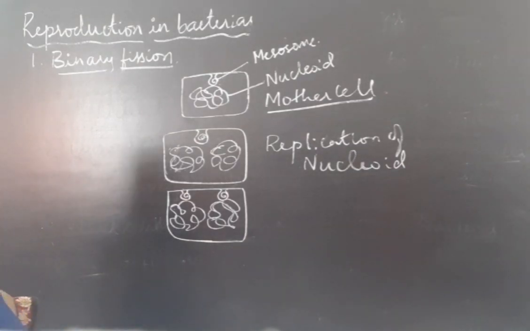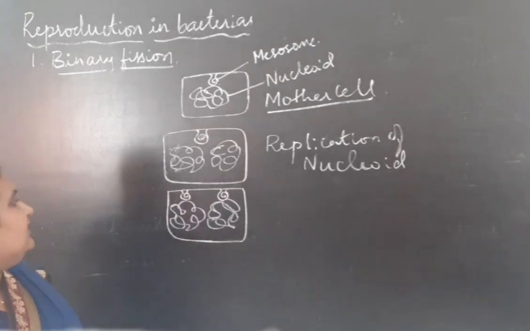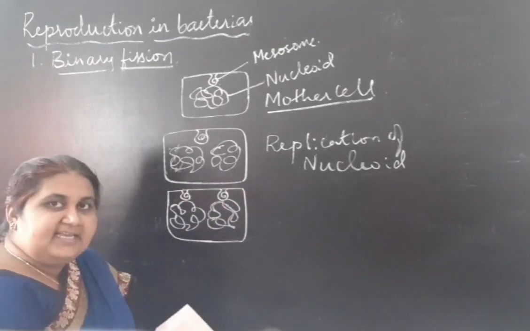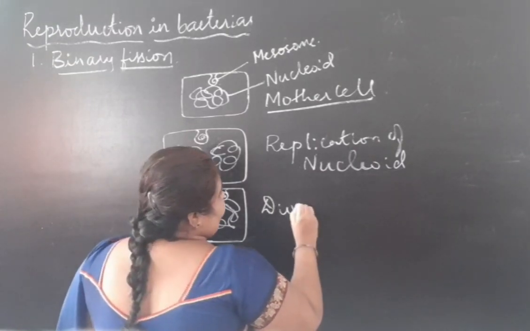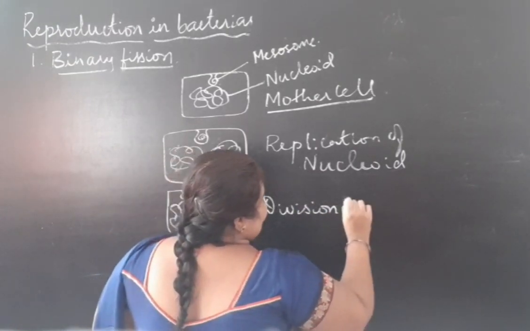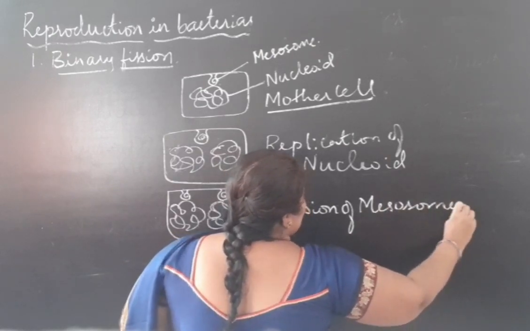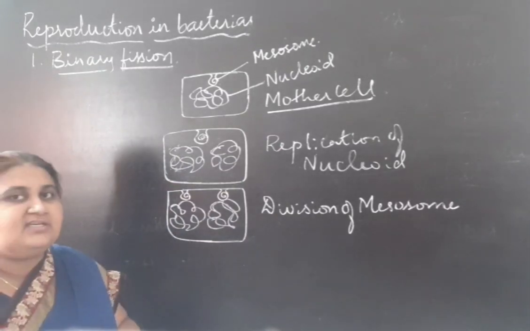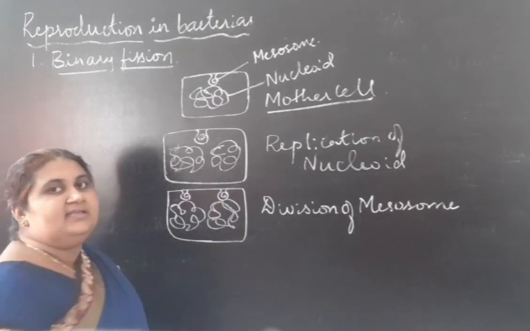Now the second step: you can see here the mesosome also splits and produces another mesosome. So the second step is division of mesosome. As it is produced, it gets attached to the genetic material.